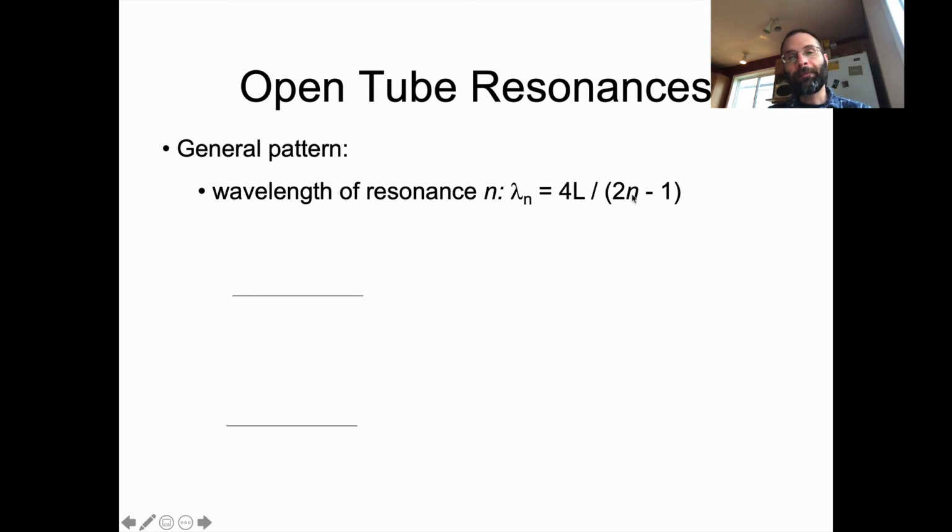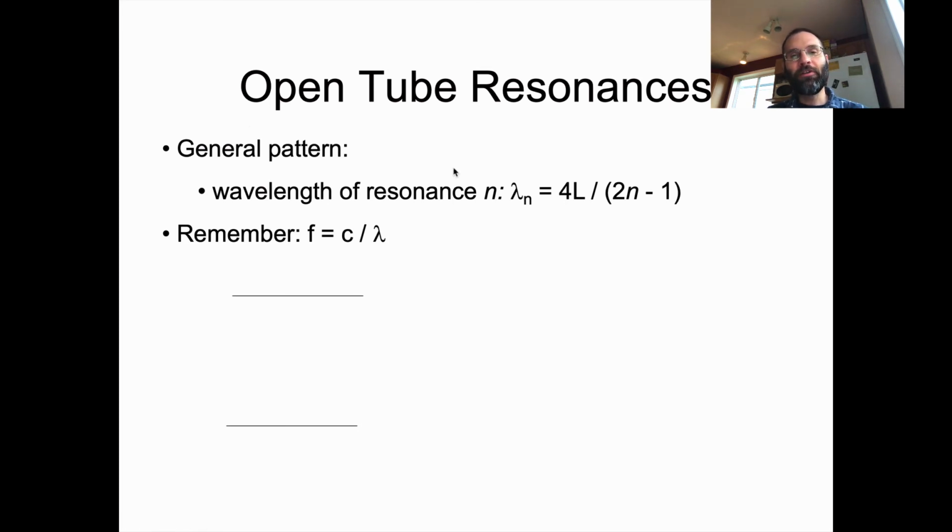If you think about it, for your first resonance, n equals 1. So 2 times 1 is 2, minus 1 is 1, right? So 4L over 1 for that one. If you're working with the second resonance, then n equals 2. 2 times 2 is 4, minus 1 is 3. And you get 4L over 3, and so on and so forth. This quantity will just jump up every other number for every increase in n.